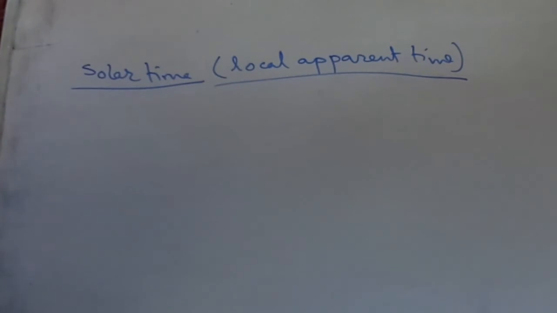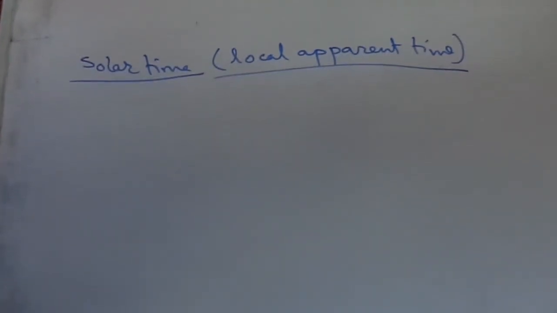Solar time is measured with reference to solar noon, which is the time when the sun is crossing the observer's meridian.